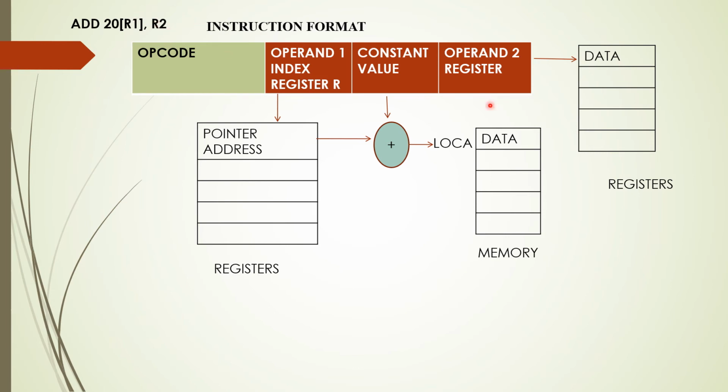The content of this index register, which we call a pointer address, is added with the constant value and the effective address is obtained, which is the address of the memory location. The data from that memory location is accessed and added to the content of another register, which is a part of the instruction.